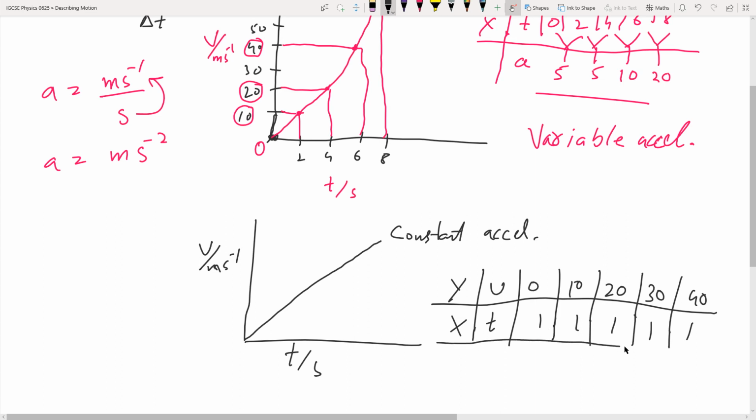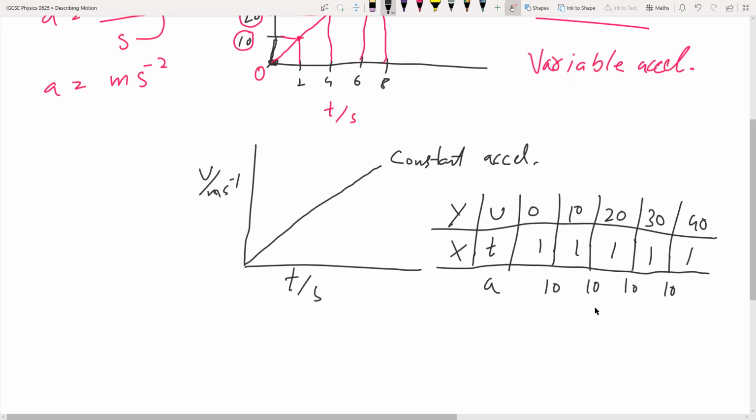If we chart out the acceleration, then for these two it is going to be 10, for this also 10, and for this 10, and this also 10, right? The differences would be there. Now since the acceleration is not changing, we call this constant acceleration, and this we see from the straight line graph.